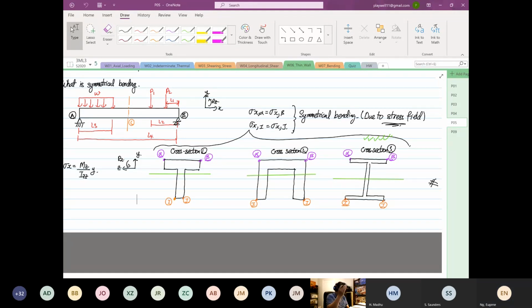cross-section 1, 2, and 3, they are known as symmetry bending. Okay, they are classified as symmetry bending, and this is because stress alpha is equal to stress beta for all of them, and stress I is equal to stress J on all of them.